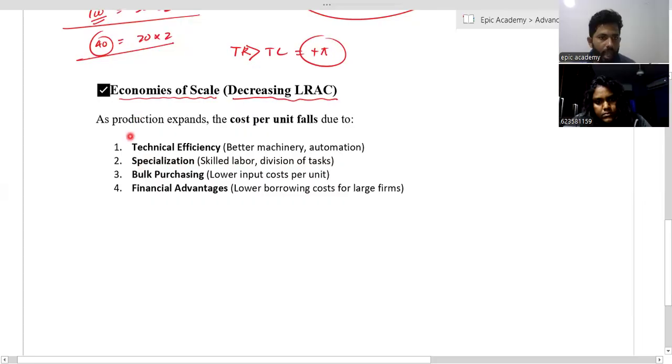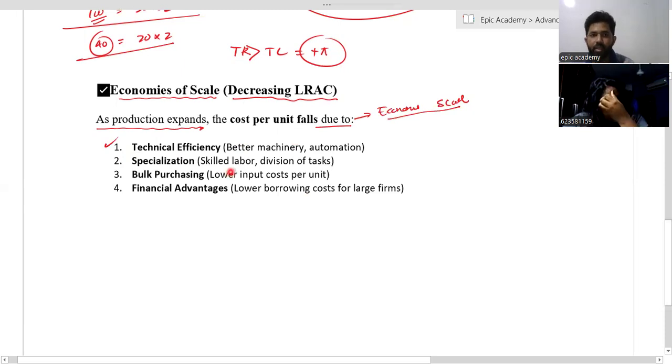As production expands, when the producer increases the production quantity, the cost per unit falls. That's what we call economic scale. The cost per unit is reducing due to these kinds of factors.